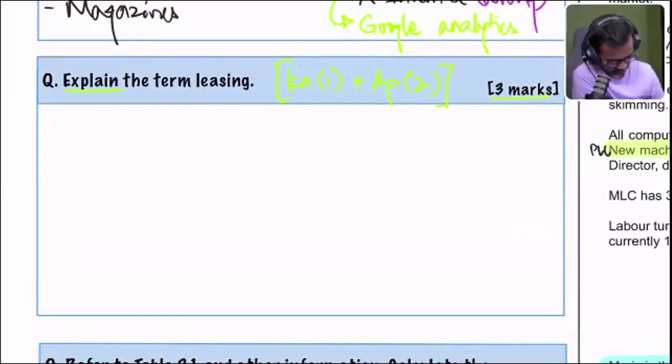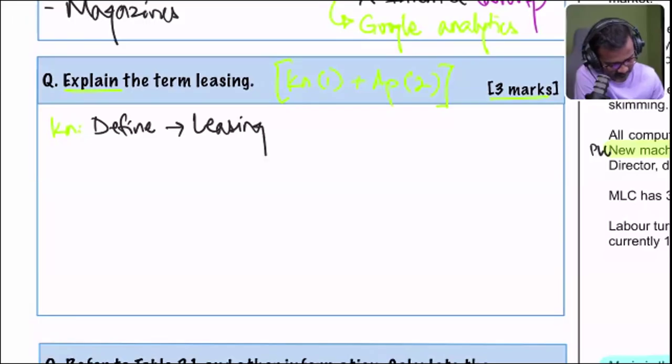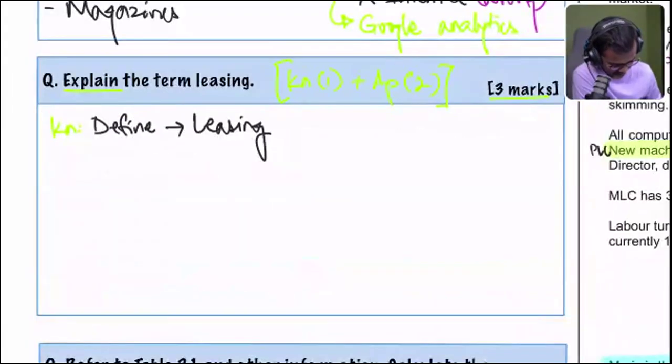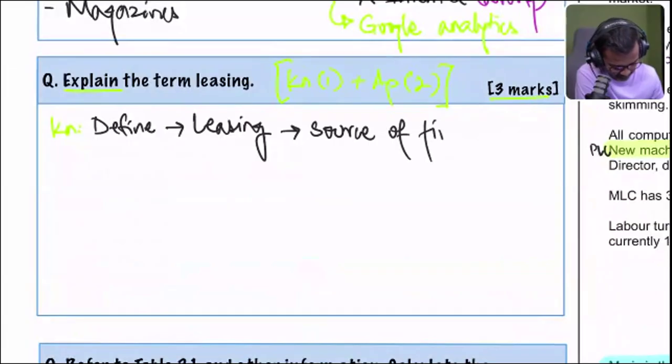So the knowledge here will definitely be us defining what leasing is. Leasing is a source of finance, and it is provided by banks, and companies use it.